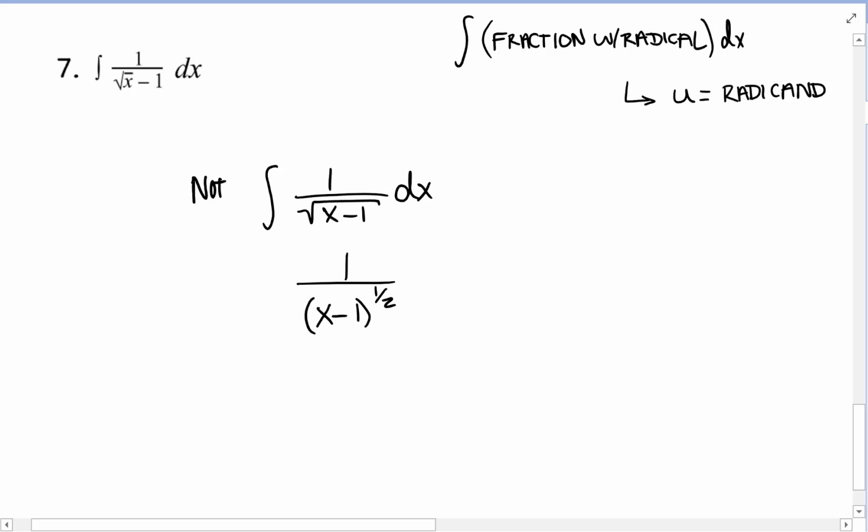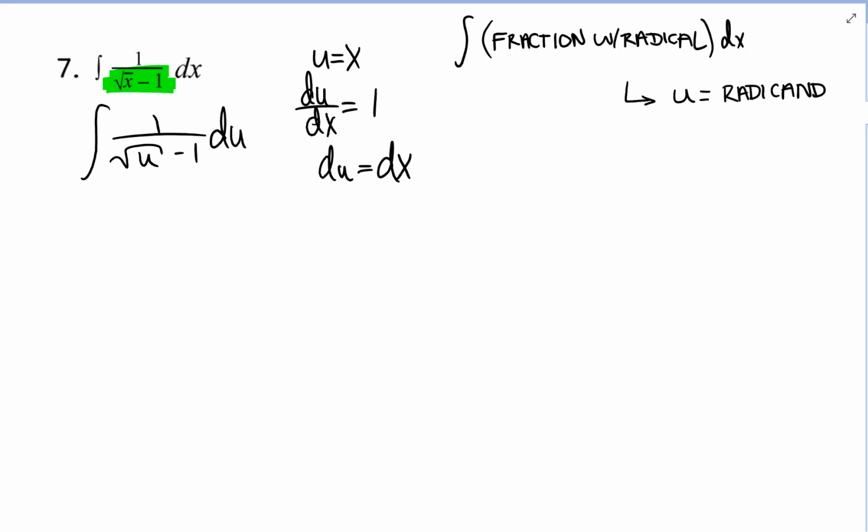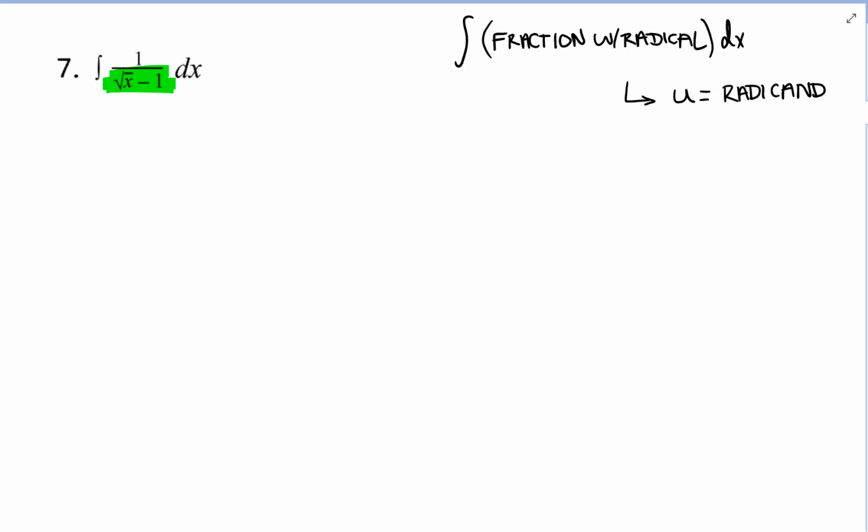But here we just have x to the 1/2 minus 1. The entire denominator cannot be written as a power. Going off that method, u would just equal x, and that would not change really what we're integrating. It would literally be the same thing, and we'd be stuck again. So u cannot equal x.